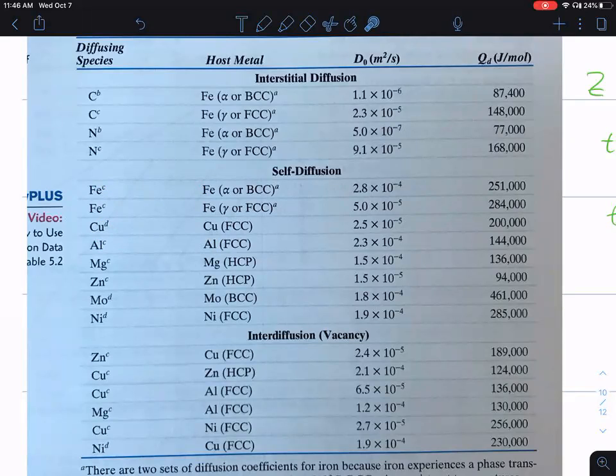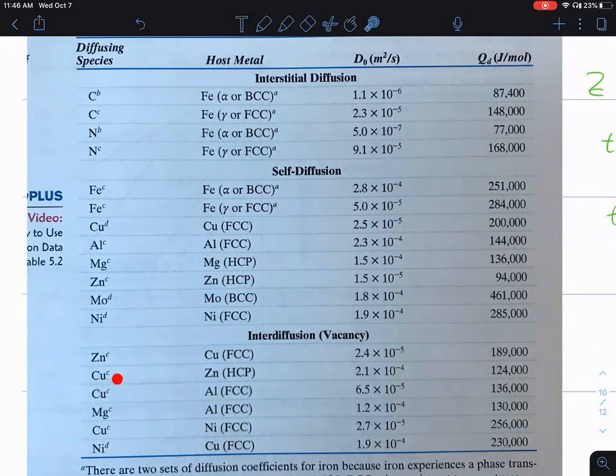That's why it's the same metal. On the bottom here, we have interdiffusion. That's two metals diffusing into each other. Here we have zinc diffusing into copper. That shows what the diffusion coefficient is, and it also shows other different atoms.